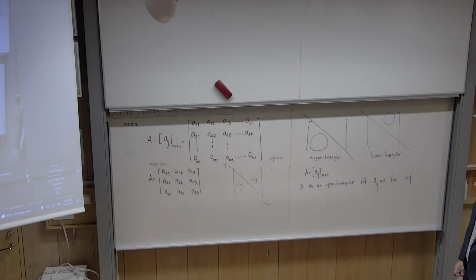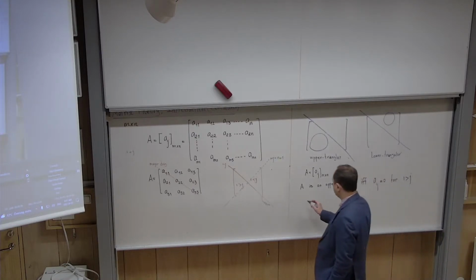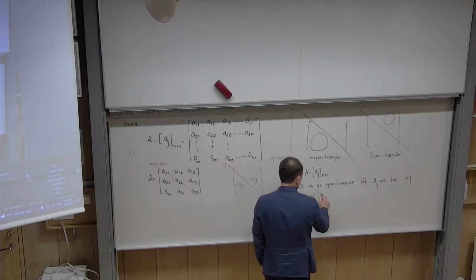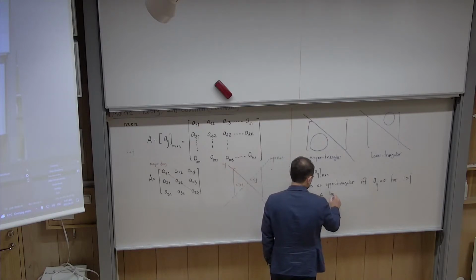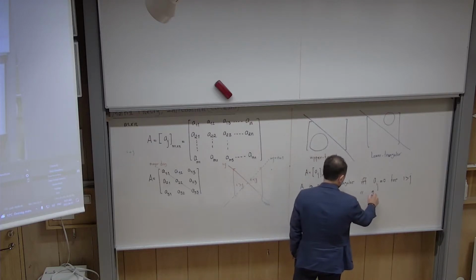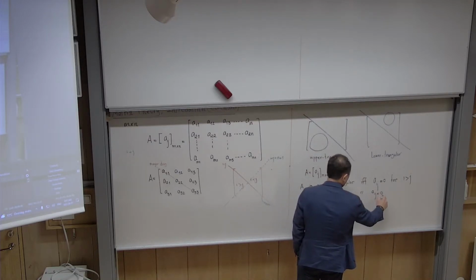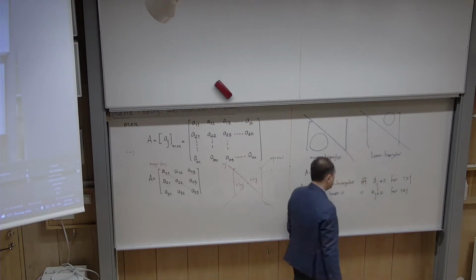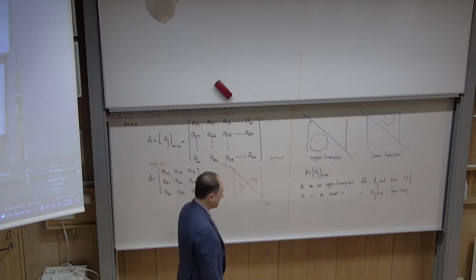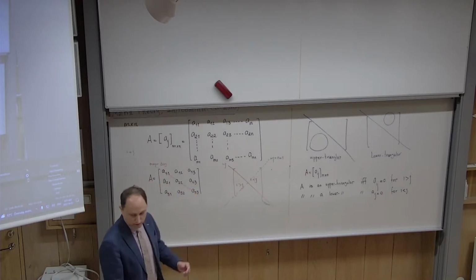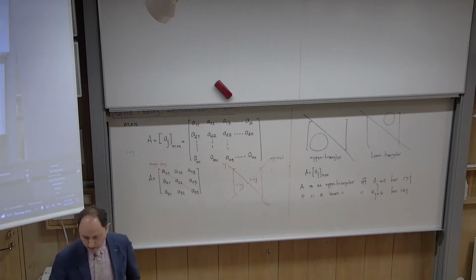So this is a mathematical way of defining an upper triangular matrix, and then I can say A is lower triangular if and only if Aij is 0 for i less than j. That is the mathematical definition of upper triangular and lower triangular matrix, which is actually clear from the context.